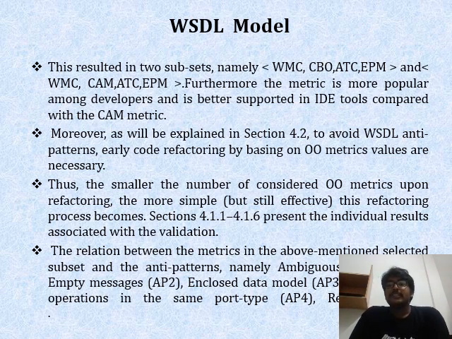Furthermore, the metrics is more popular among developers and is better supported in IDE tools compared with the CMA metric. Moreover, as will be explained in section 2.4.2, to avoid WSDL anti-patterns, early code refactoring by version on double O metric. Double O means object-oriented metric values are necessary.